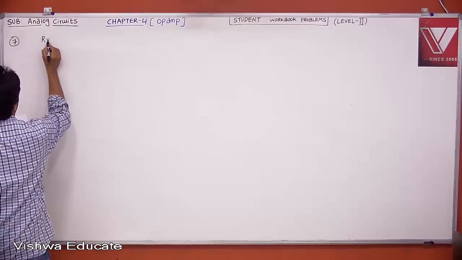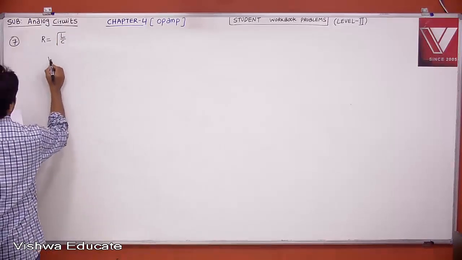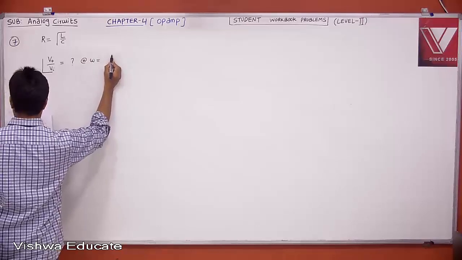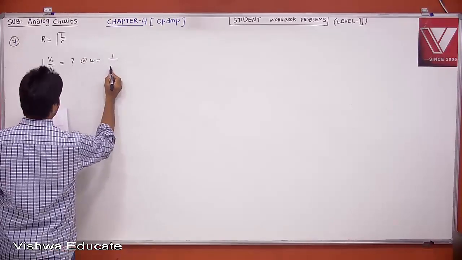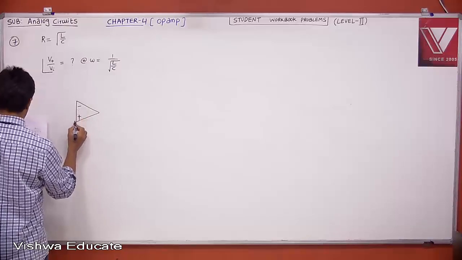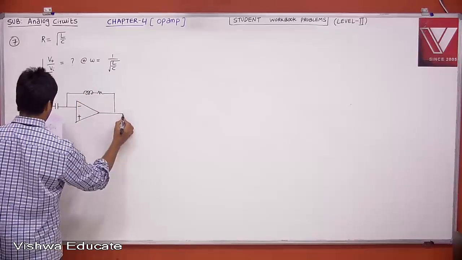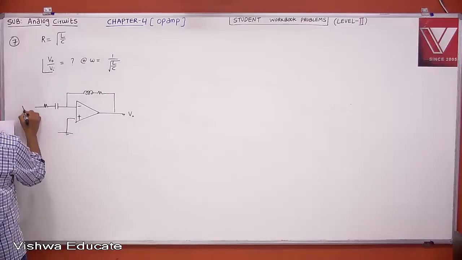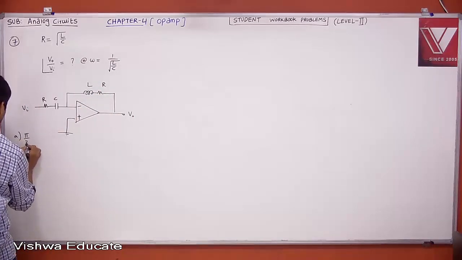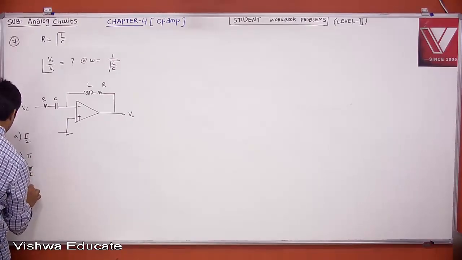R is equal to rho L by A, C. The phase angle between V0 and Vi at omega is equal to 1 by root over L by C. Circuit is option A pi by 2, option B pi, option C 3 pi by 2, option D 2 pi.